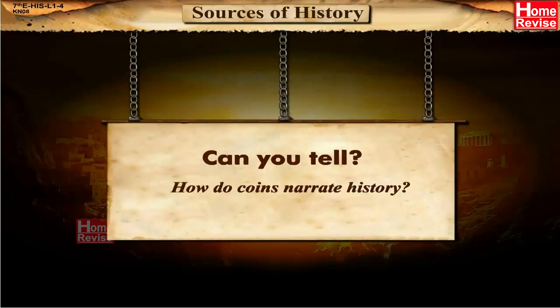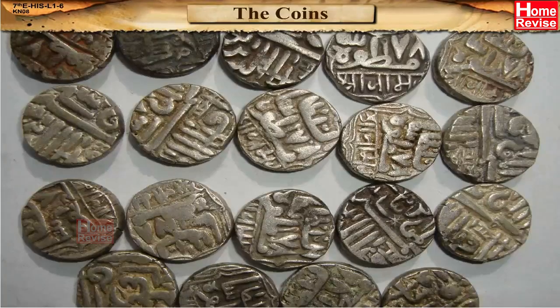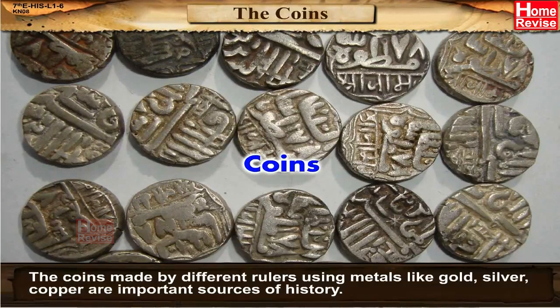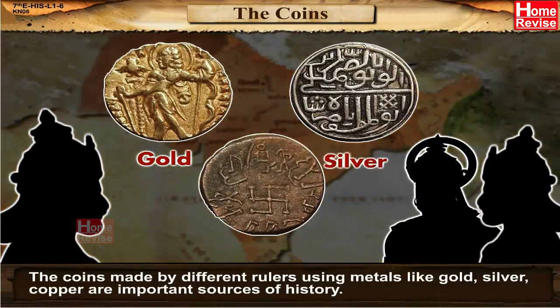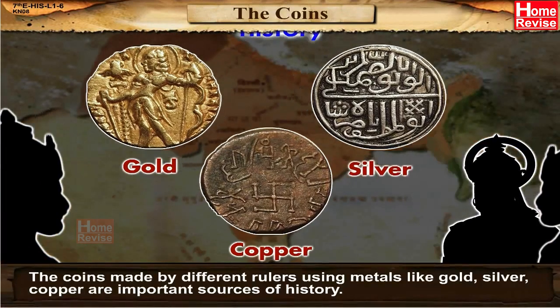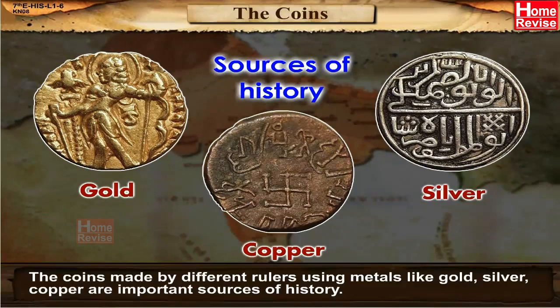Can you tell? How do coins narrate history? The coins made by different rulers using metals like gold, silver, copper are important sources of history.